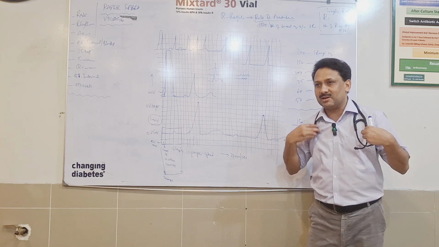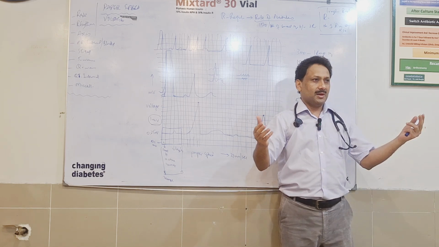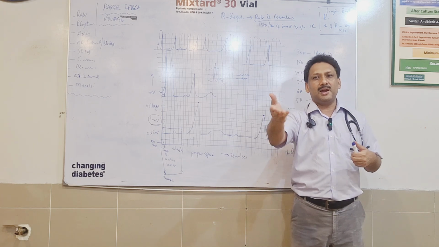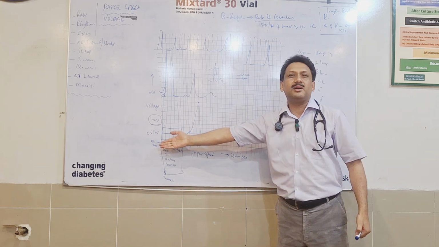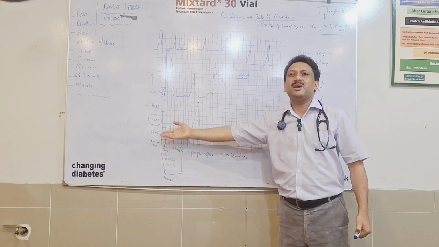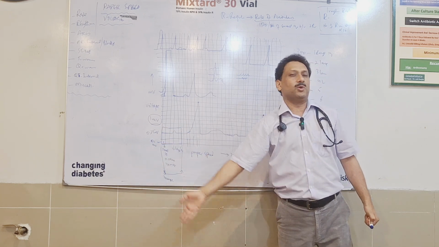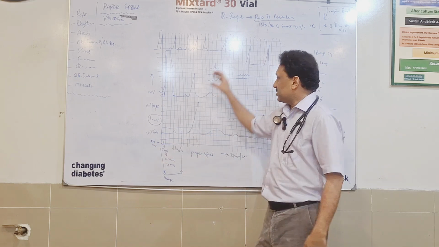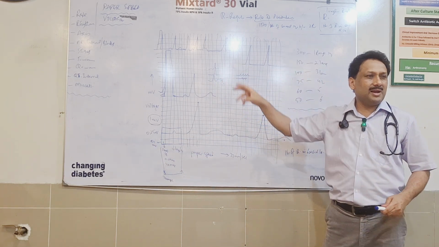You would be assuming that probably the voltage is okay. I am now going to count the size of the complex based on this voltage, and later you would come to know the machine had turned the voltage to half. The machine had turned the voltage to 1/4. So these are the two things which the machine does, either half or 1/4, just to avoid intermingling or mixing of the different QRS complexes.